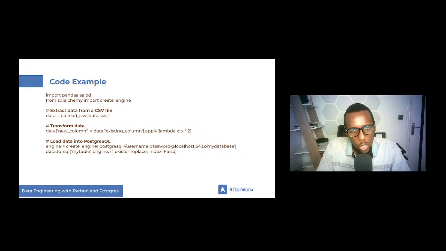We define our function, connect to database, specify the different parameters that we want, and then for the connection, we create a connection string, which is an F string, and it will contain the details that we need to connect to the database.